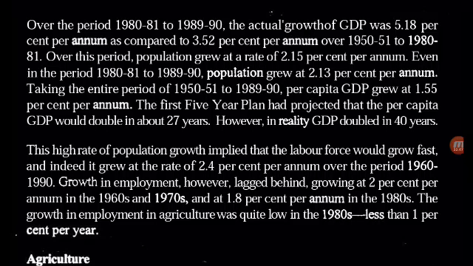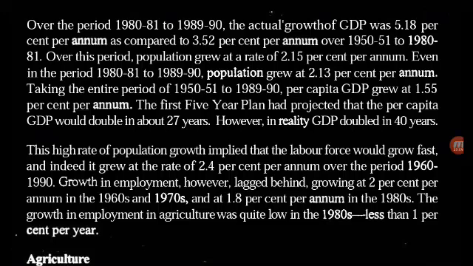Even in the period 1980-81 to 1989-90, population grew at 2.13% per annum. Taking the entire period of 1950-51 to 1989-90, per capita GDP grew at 1.55% per annum.